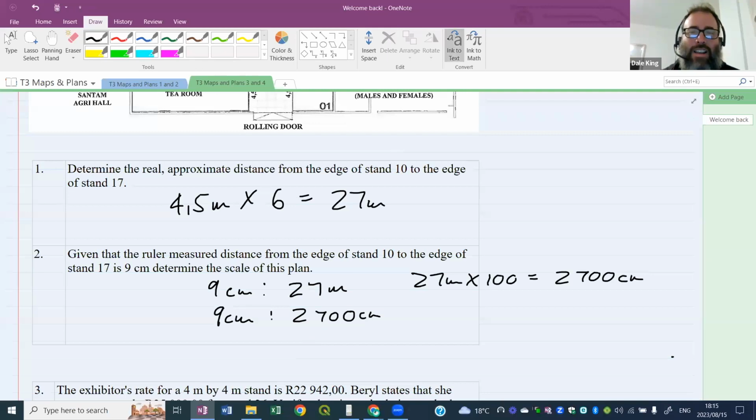Let me go back to chat. So these people are all getting 1 is to 4,5. I'd love to get you up here and ask you how you're getting this answer of 1 is to 4,5. I think you simplified the ratio as it is with the meters and the centimeters.